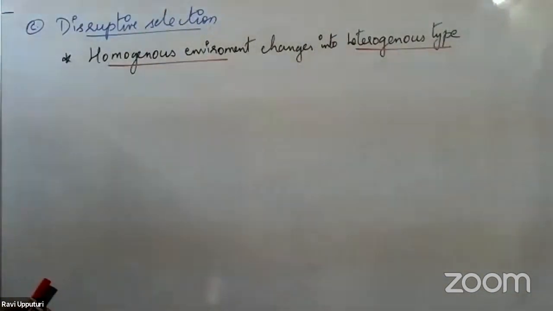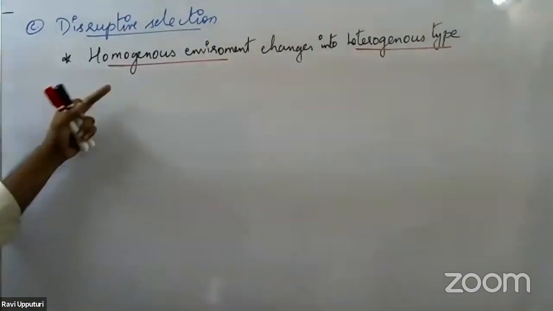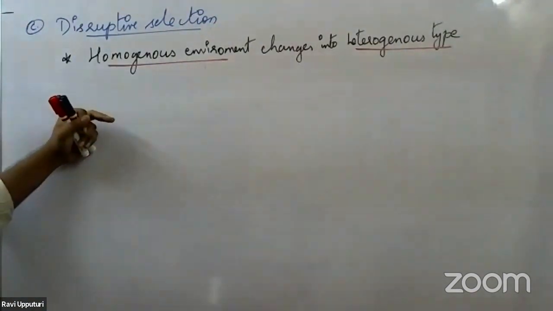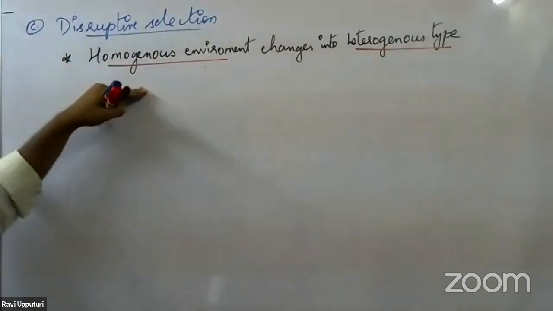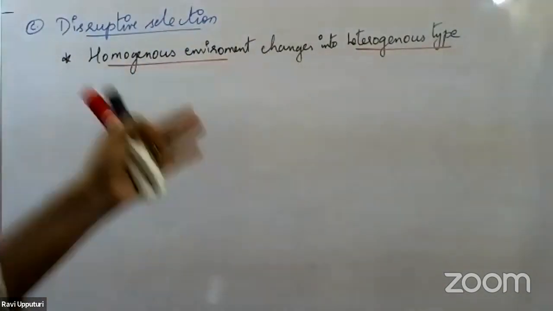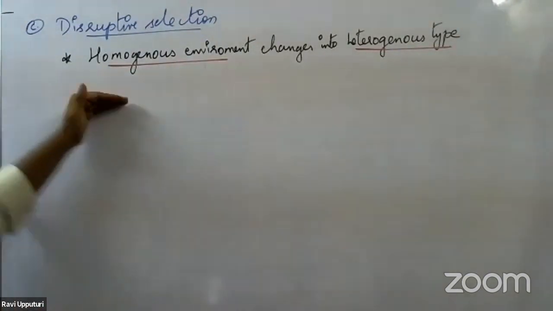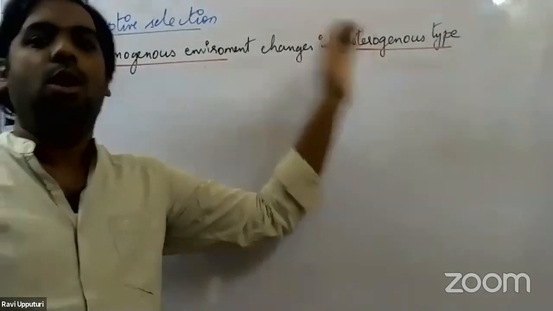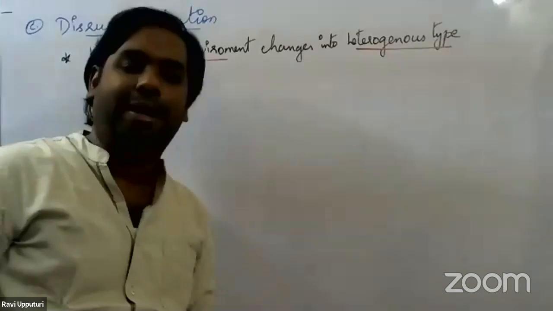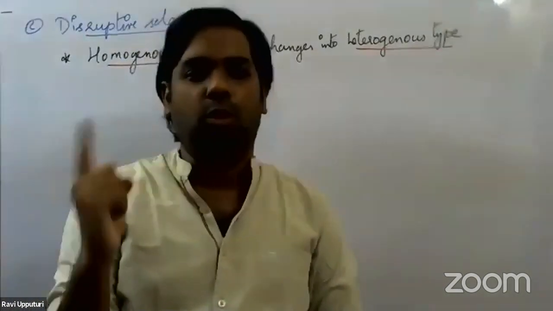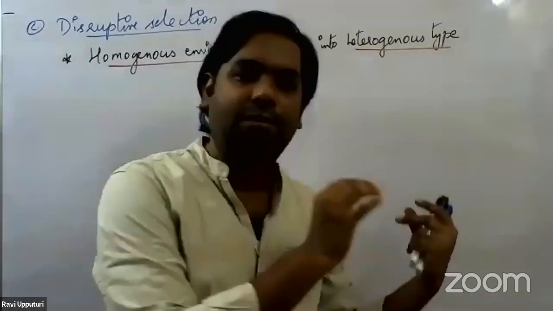So the first thing you need to remember is that disruptive selection operates whenever a homogeneous environment changes into a heterogeneous environment, right? Again, stabilizing selection, when does it operate? Whenever there are stable environmental conditions.